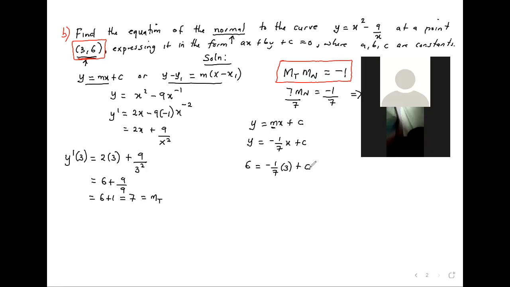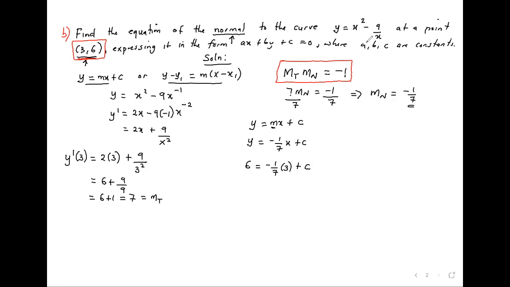So we take this to the other side. So we have 6 plus 3/7 is equal to c over 1.